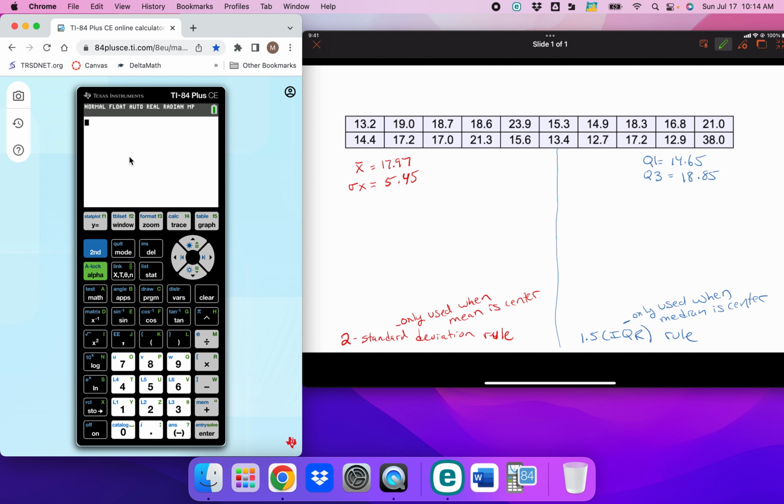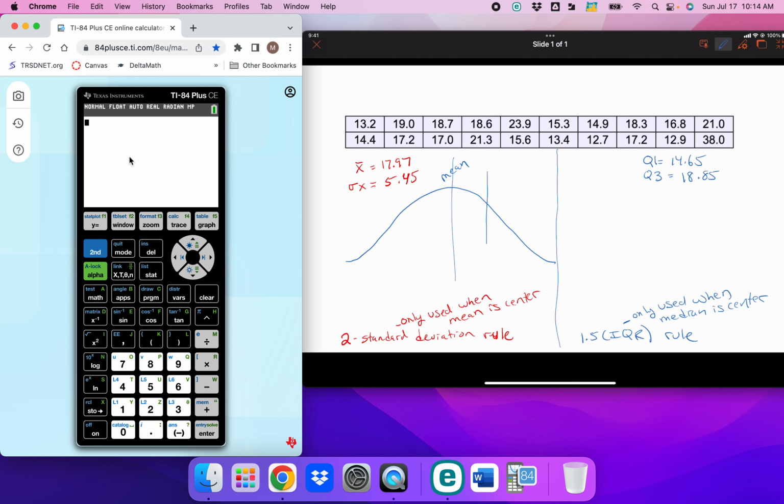So when we are using mean and standard deviation, anything 2 standard deviations above the mean, let me draw my normal curve. Here I have my normal curve. This would be the mean.